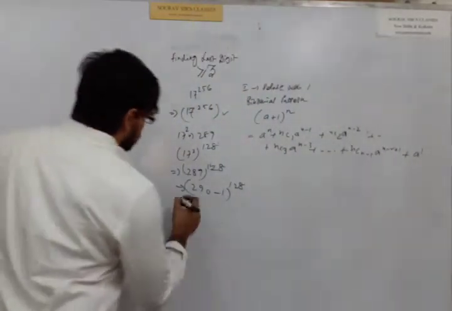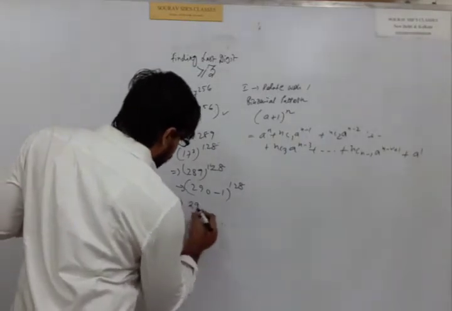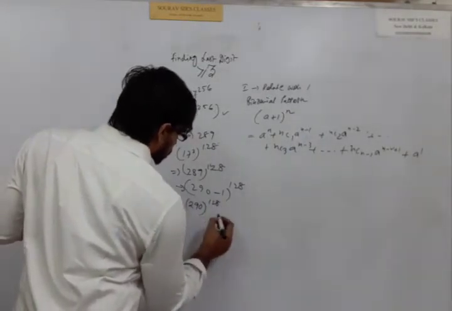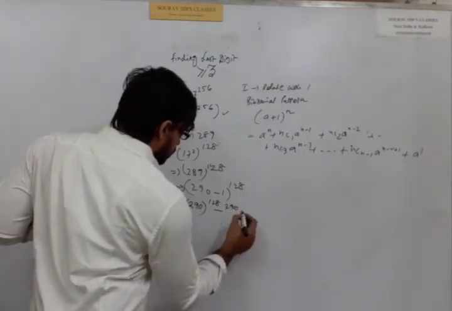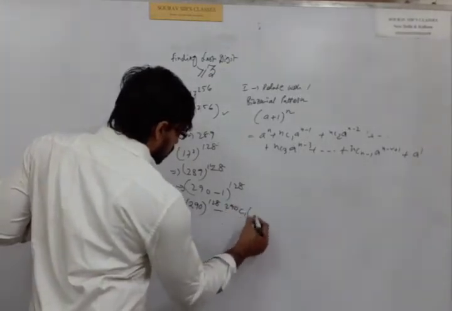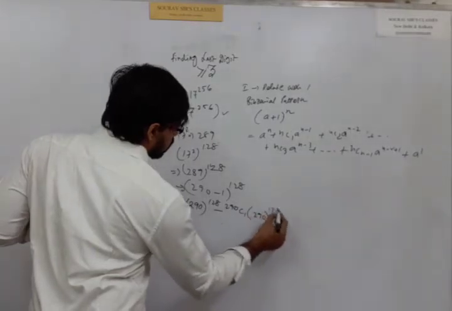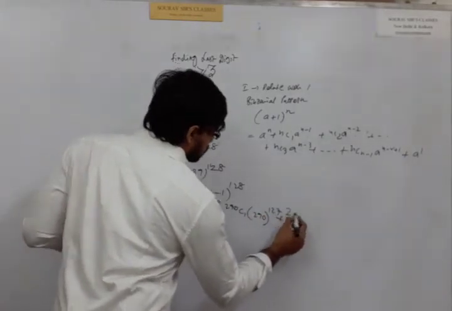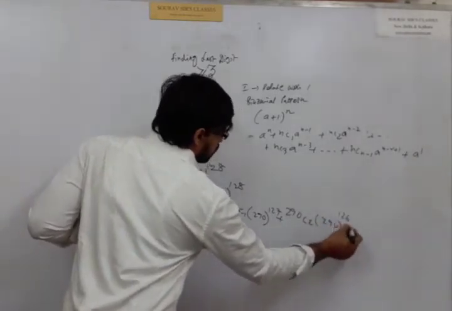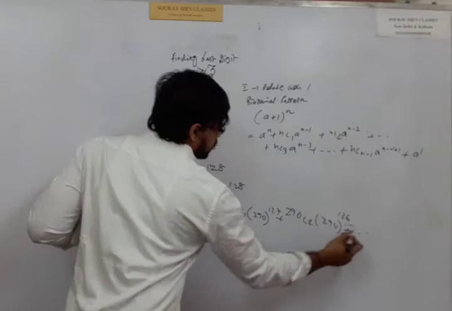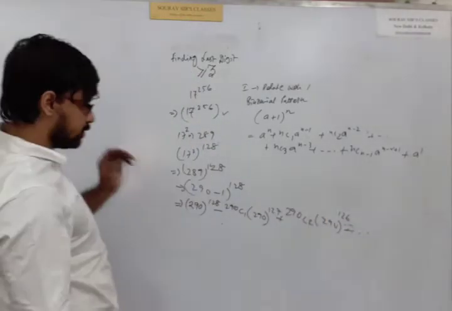So (290 minus 1) whole to the power 128, so what is the expansion? So 290 whole to the power 128 minus 128C1 290 whole to the power 127 plus 128C2, and in this way we are proceeding as fast as we can.